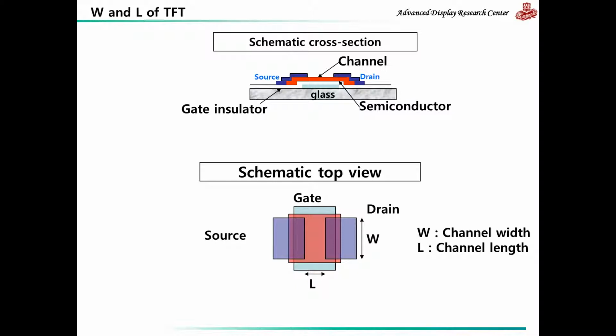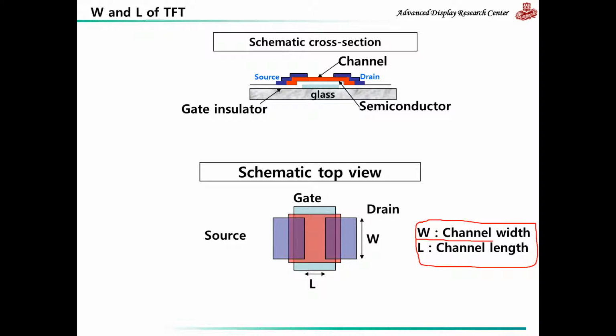Now, if we look at the TFT from the top, we can define the size of the TFT channel. And we have two distinct dimensions that people always refer to when they talk about the size of the TFT.